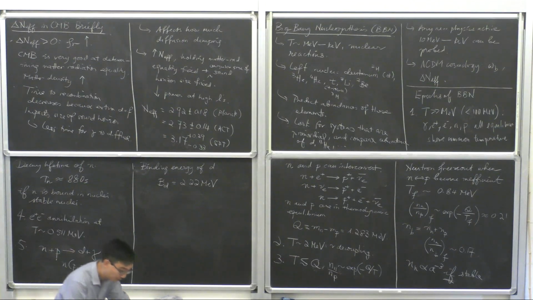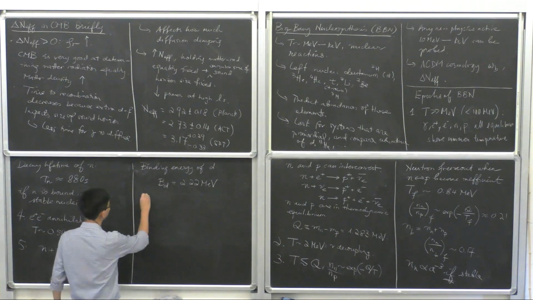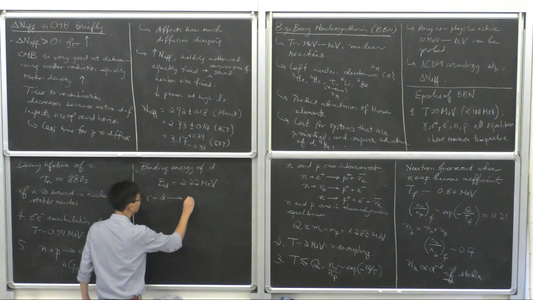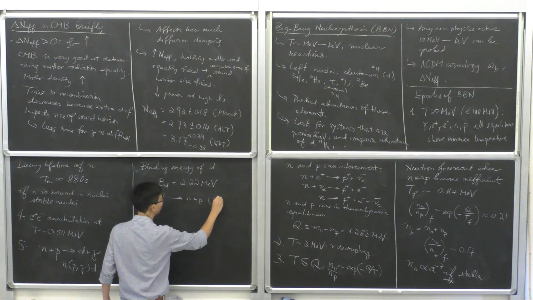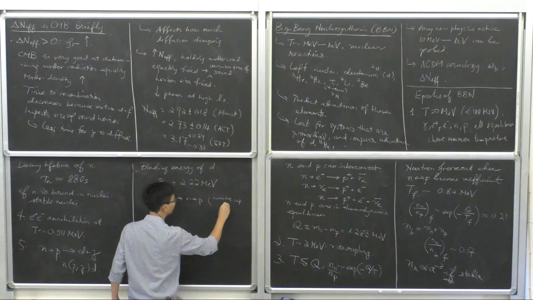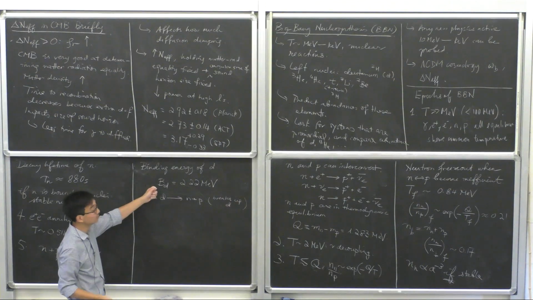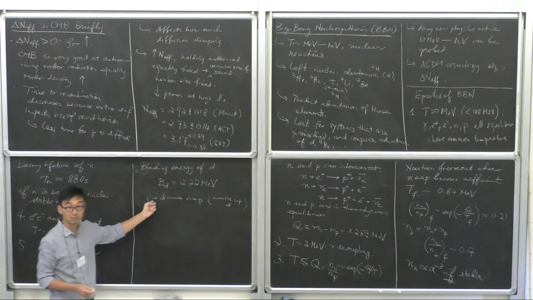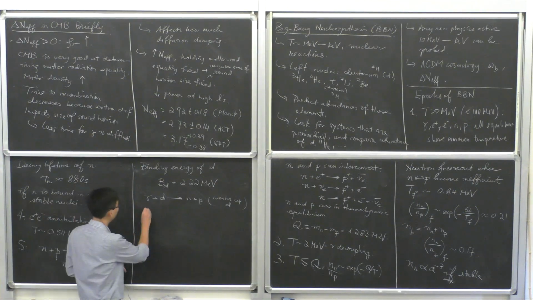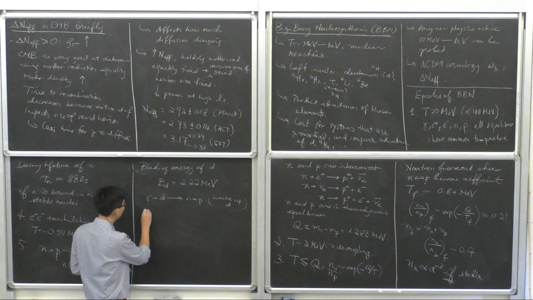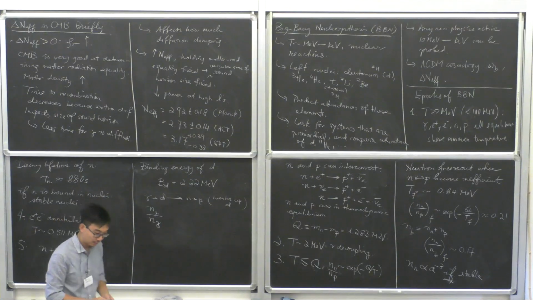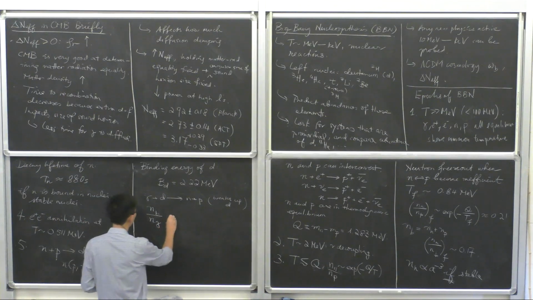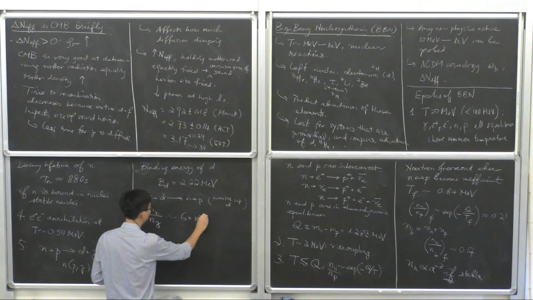But you have to remember the backward reaction, gamma plus D goes to N plus P, which breaks up deuterium. Because B_D is above the temperature of 0.84 MeV or so, you would expect this to be inefficient. But don't forget that the baryon to photon ratio is roughly 6 times 10 to the minus 10.